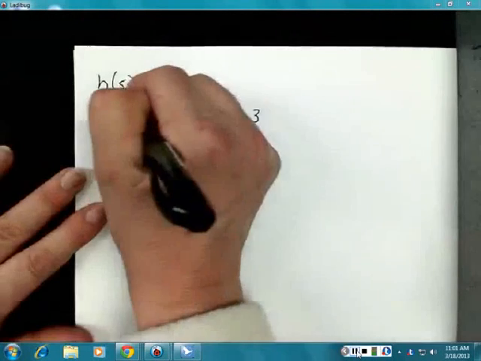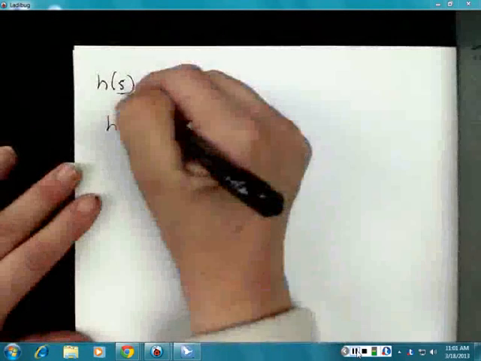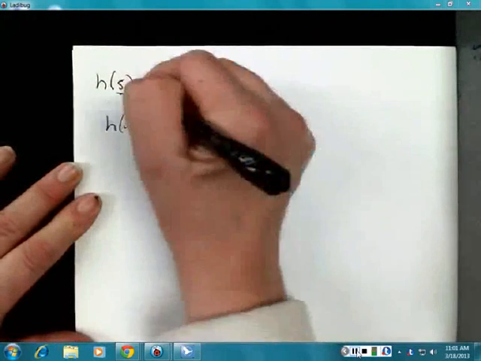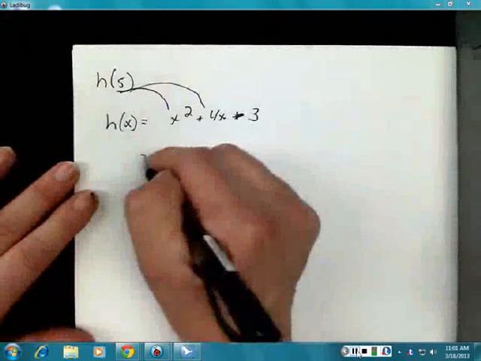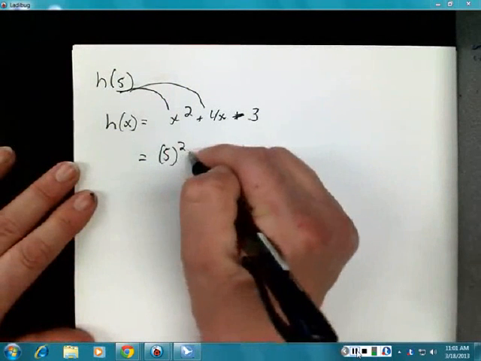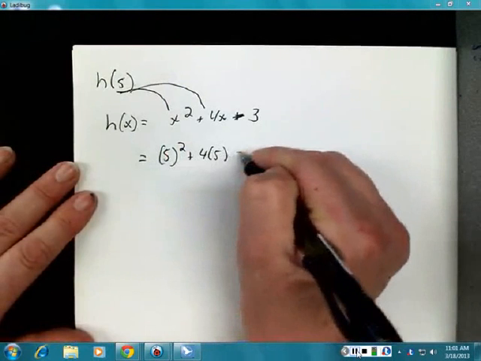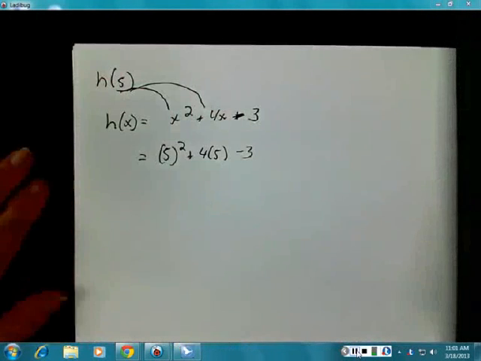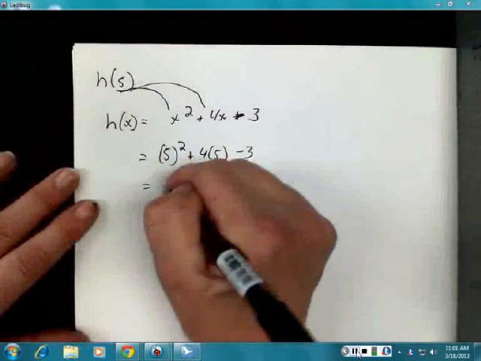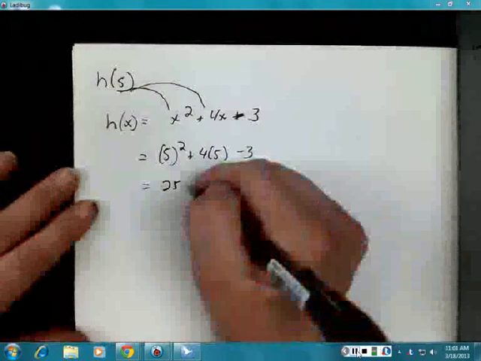What this basically means is where I've got a 5, I'm going to replace every x that I happen to have in there with a 5. So 5 squared plus 4 times 5 minus 3. So what's 5 squared?